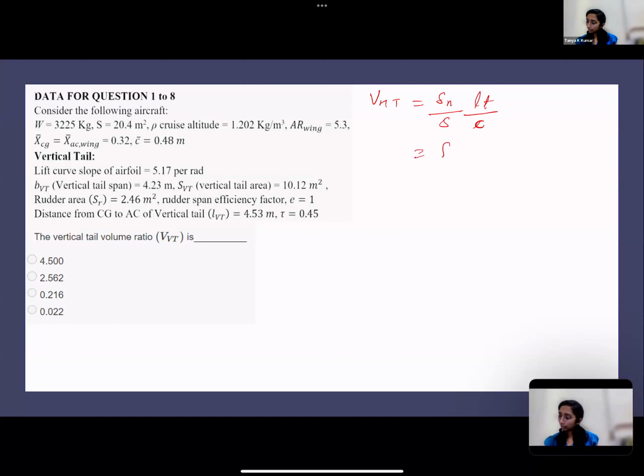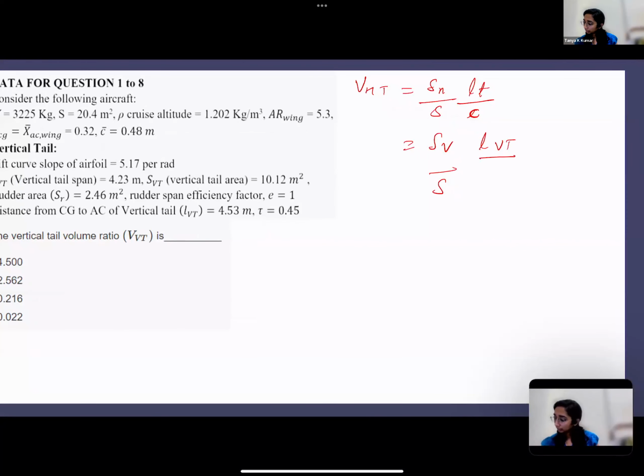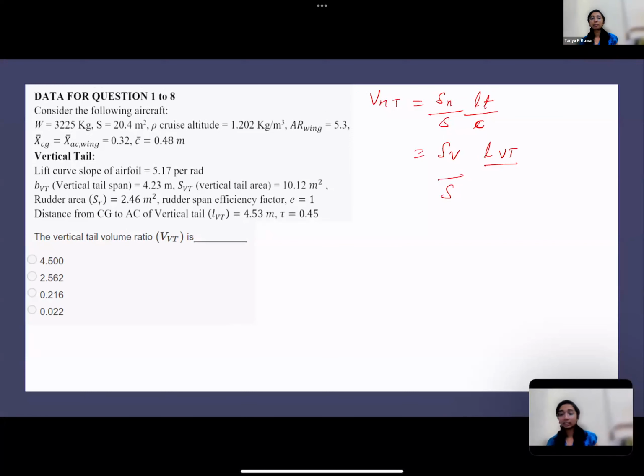You have S vertical tail. This is S horizontal tail, area of the horizontal tail, okay? Upon S of the wing. Here LT or the moment arm of the vertical tail, LVT. And here the reference parameter is the span because it's a vertical tail. Okay, so otherwise it was your horizontal tail, you had the chord. Here you have span, you have B. Now you have all of these quantities, I think, right?